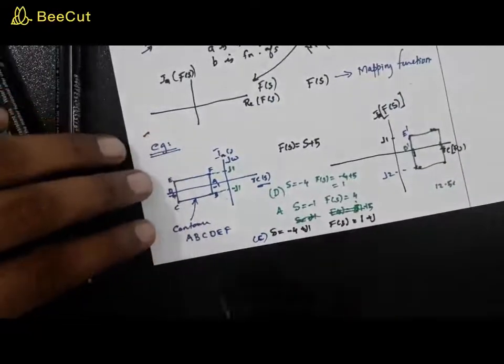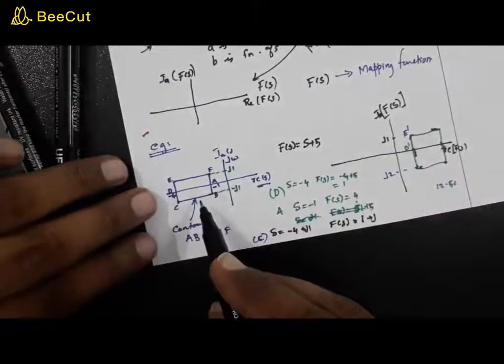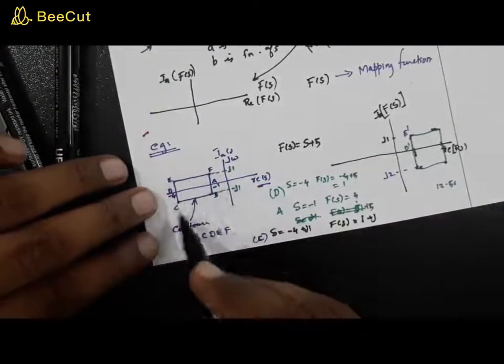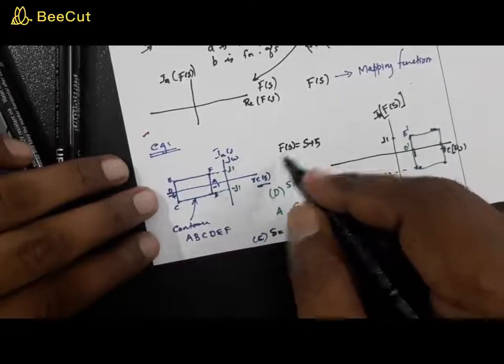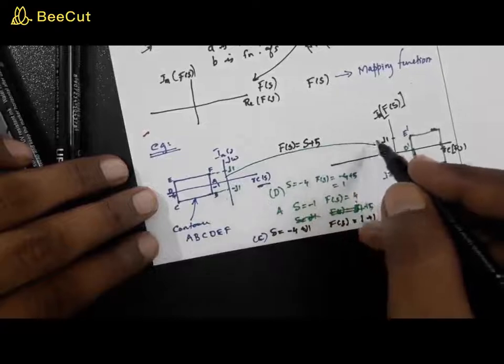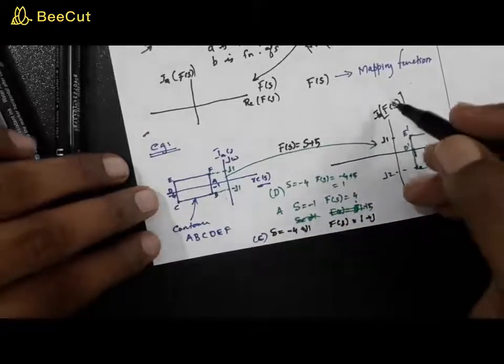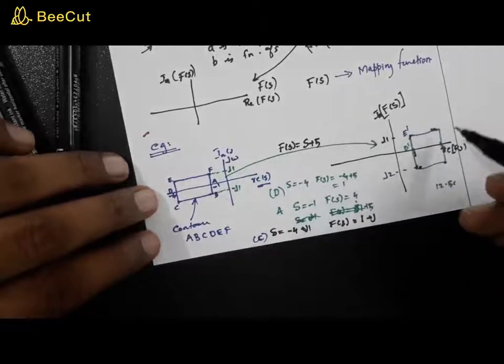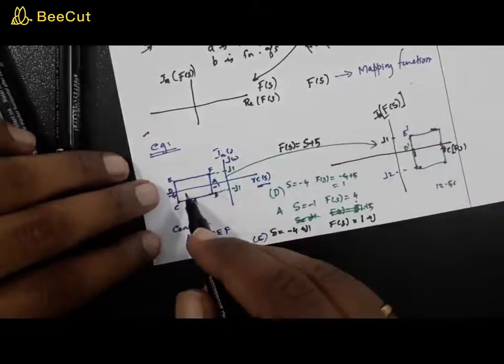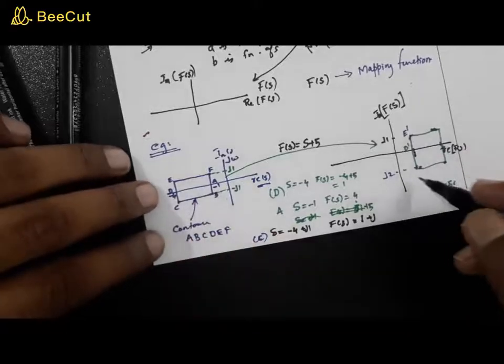Okay, so look at this, a mapping. You got points in the S-plane, and using this mapping function, I have mapped this to another plane, f of s, right? So you will get a different result. A contour is mapped and you got a different contour.